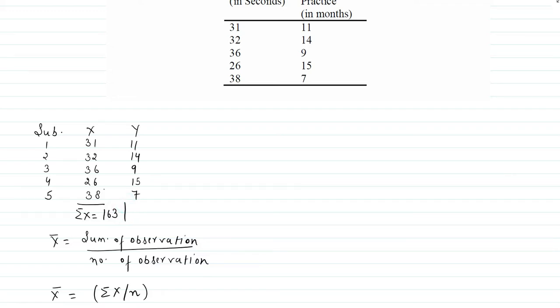How do we get 163? 31 plus 32 plus 36 plus 26 plus 38. By adding all the values of x, we got summation of x equals 163.